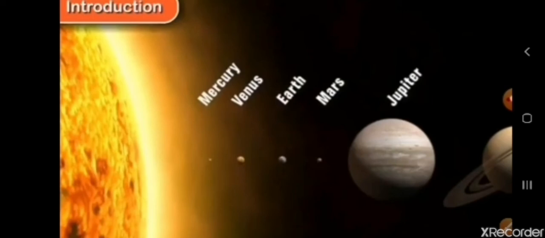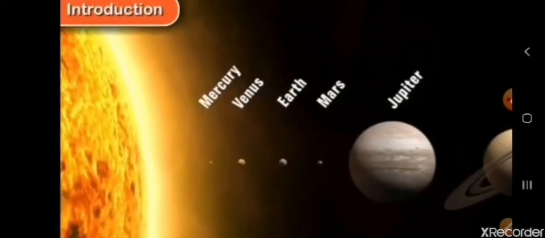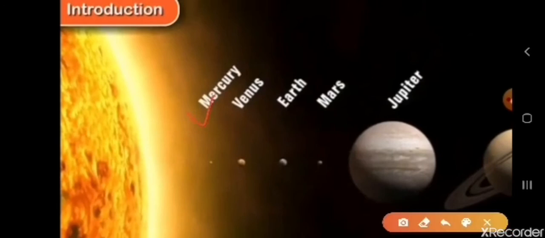So, children, this is Mercury. Mercury is the closest planet to the sun. Children, Mercury is the smallest planet found in the solar system.